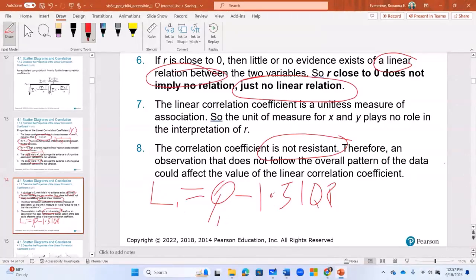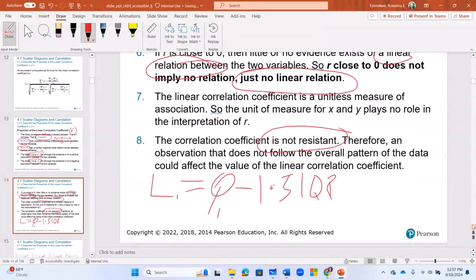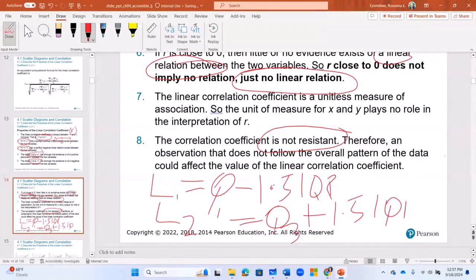And an upper outlier can be calculated with, if I say it is L2, then it is Q3 plus 1.5 IQR. So you can be told to calculate outlier, but anyway, you can as well use your calculator to calculate outlier. All right, so let's go to the next slide.